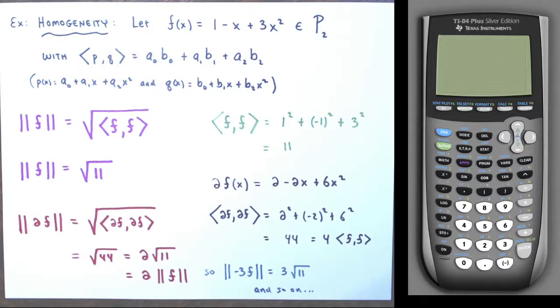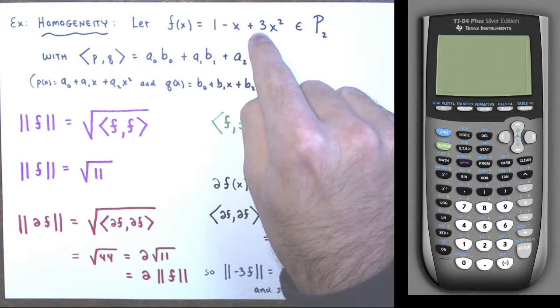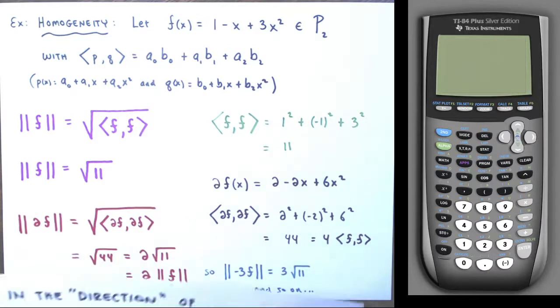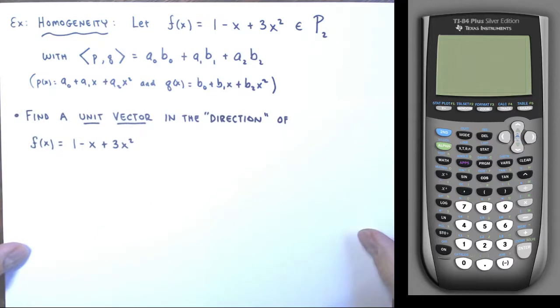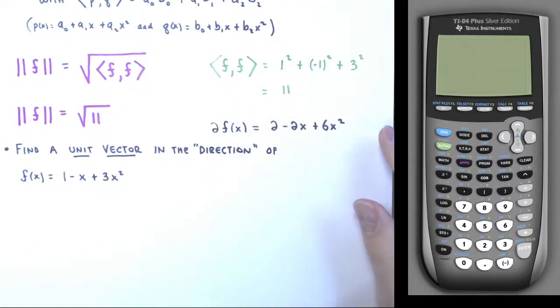So now, what if I asked you to normalize f under this inner product? Find a unit vector in the direction of f. What if I asked for that? Now, I already had the norm of f. The norm of f was the square root of 11. And don't forget what this is called again, I said it out loud.